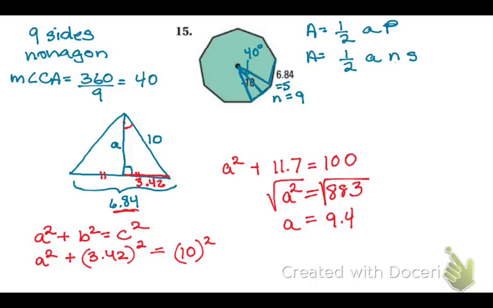So let's go back up here and figure our area. Our area equals 1/2. Our apothem is 9.4. Our number of sides is 9. And s, the length of our sides, is 6.84.